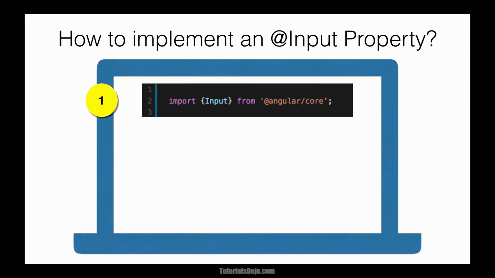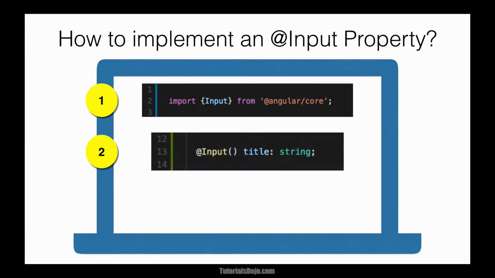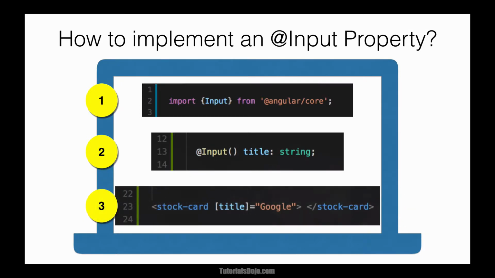So, you simply just need to add Input on this import statement. Second, declare a new variable with an Input decorator. You can just add @Input, then parentheses, title, colon, and string. And that's it.